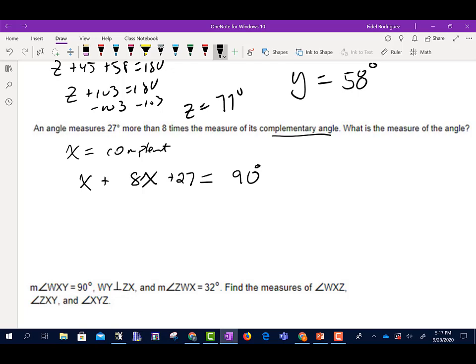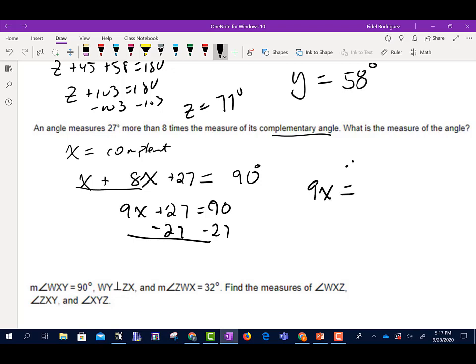So look what I did. 8 times the measure of the complement plus another 27. So now when we add these together, that's 9x plus 27 equals 90 degrees. So now I'm going to go minus 27 minus 27. That gives me 9x equals 90 minus 27, which is 63.